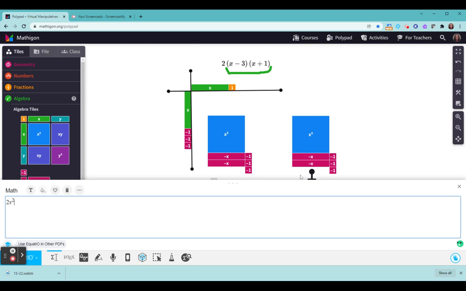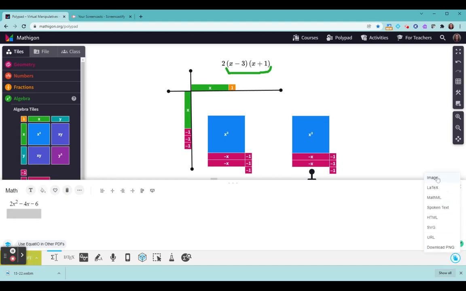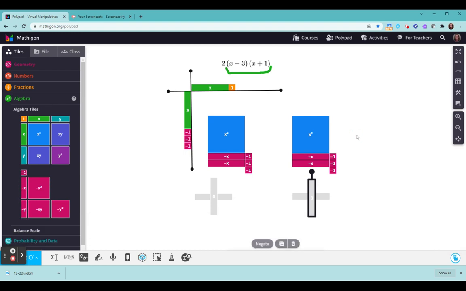And then 1, 2, 3, 4 negative x terms. And then 1, 2, 3, 4, 5, 6 negative 1 terms. So my final answer is 2x squared, take away 4x, take away 6.